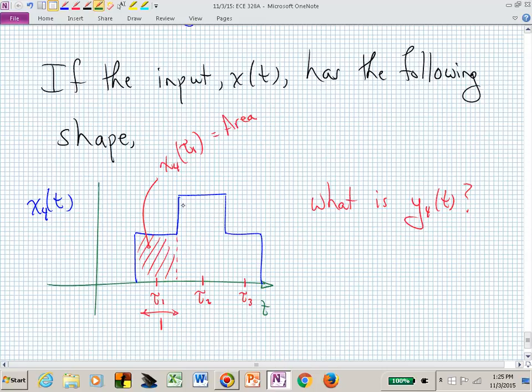What about here? And now, again, my picture's maybe not very accurate. Again, I left my dividers at home. That's supposed to be 1 also. But this area, that's just x sub 4 at time tau sub 2.